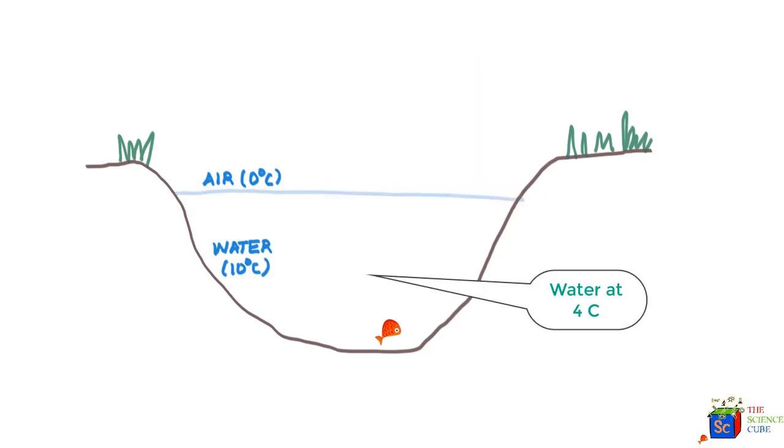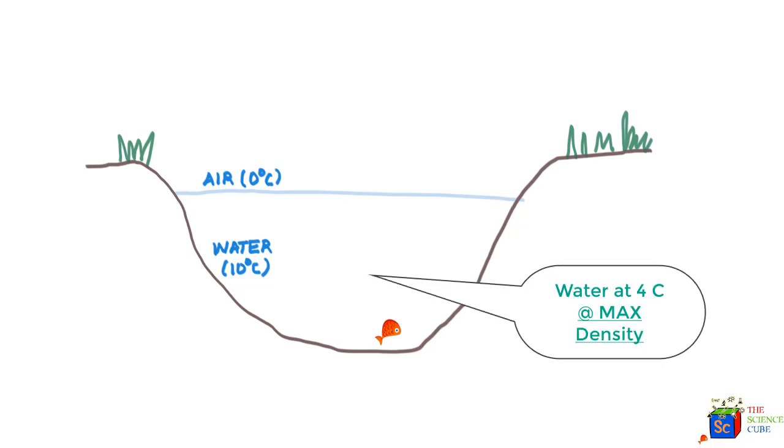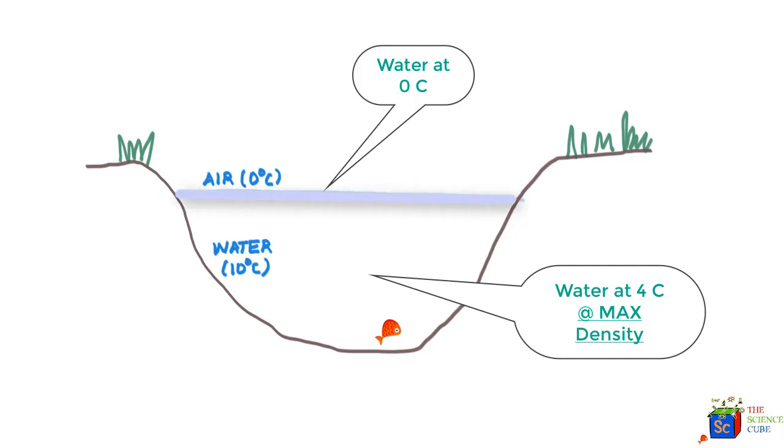Now the water under the surface is at 4 degrees and is denser than the water on top, because we know that density of water is maximum at 4 degrees centigrade. And therefore the water on top, which is at 0 degrees, is lighter than water below and therefore continues to stay on top.